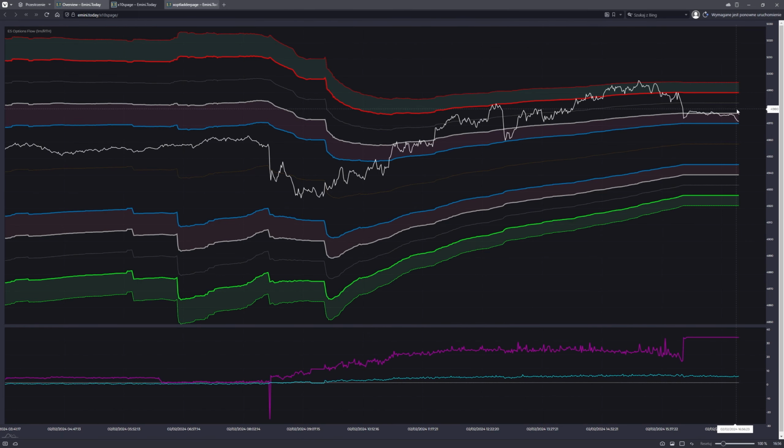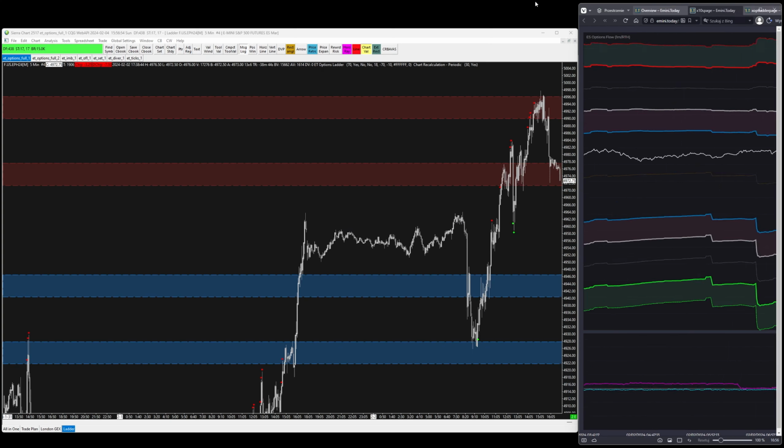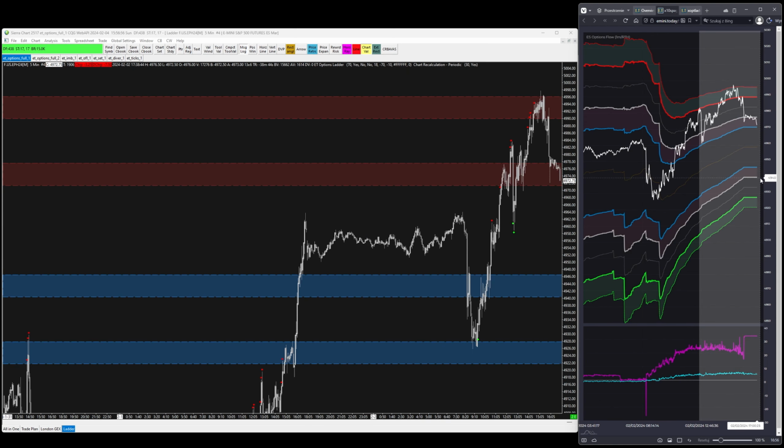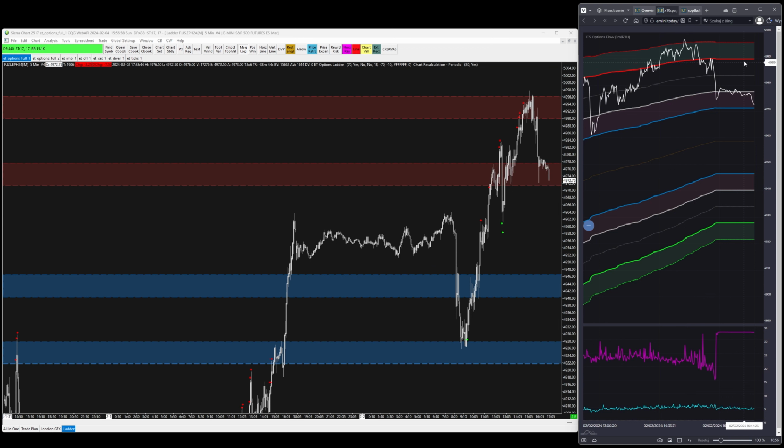So you can see that there are 4 prominent price zones: the highest one, the higher one, the lower one, and the lowest one. This is what you see on the tool.